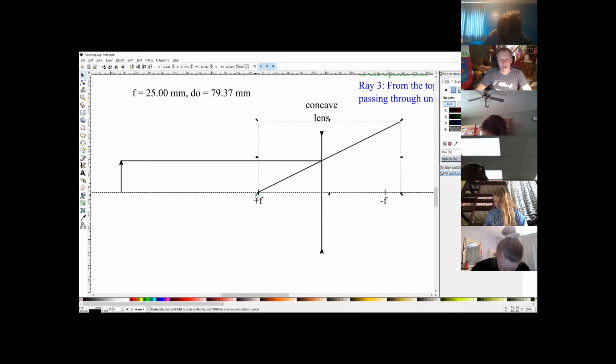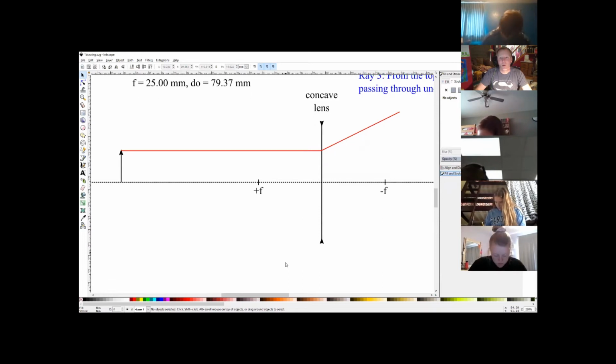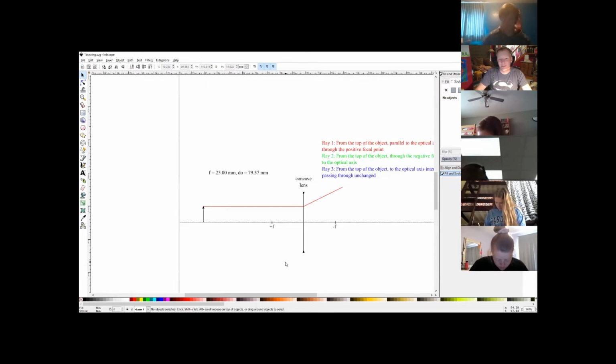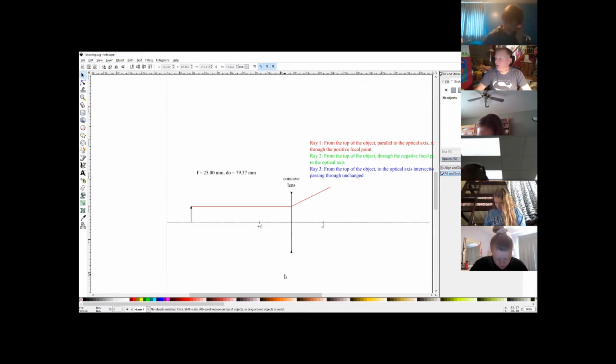And then I'm going to shorten this up like so. Goes away from the positive, or as though it were originating at the positive.